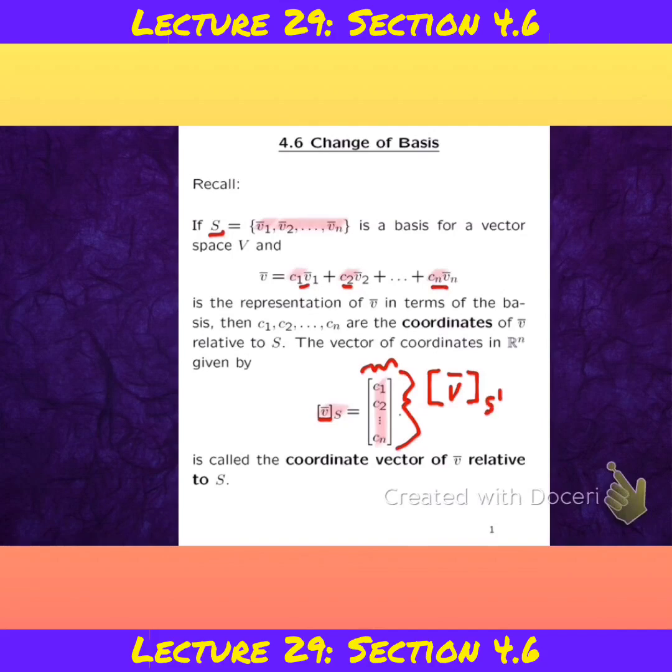Then it turns out you can use this vector here to obtain this vector and vice versa. So this is the application that we can jump from basis to basis and find coordinate vectors with respect to different bases. If I already have a coordinate vector of one basis, then I can find the coordinate vectors of other bases with respect to the vector V.